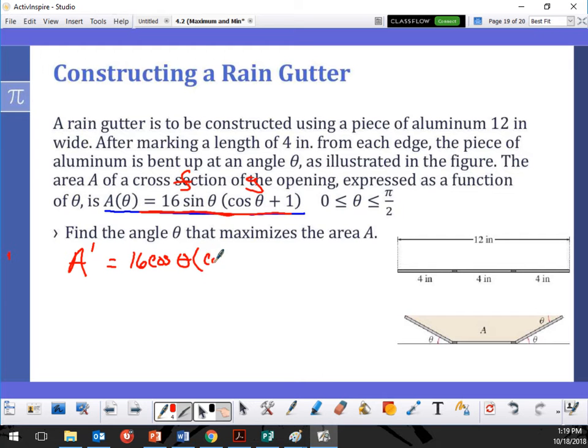Times cosine theta plus 1, plus, what's the derivative of G? Negative sine theta, so I have negative sine theta times F, which is 16 sine theta, right?